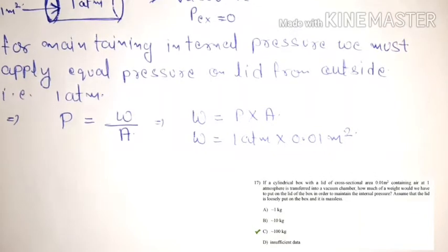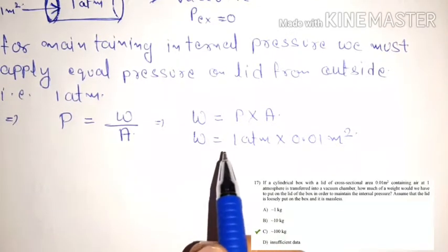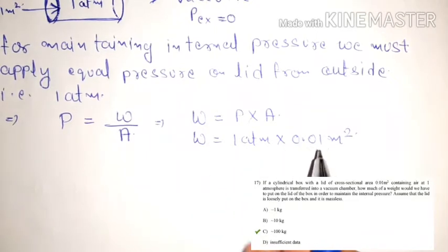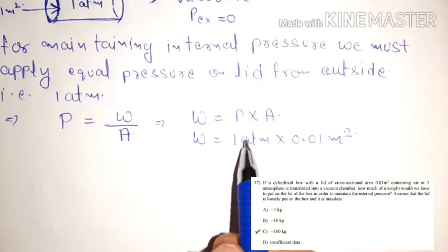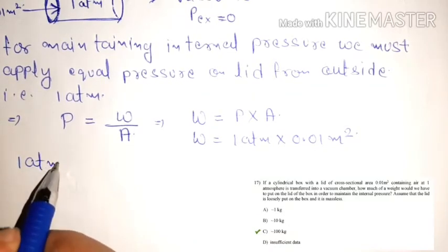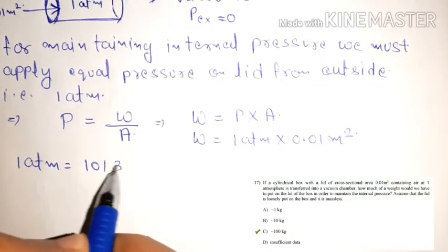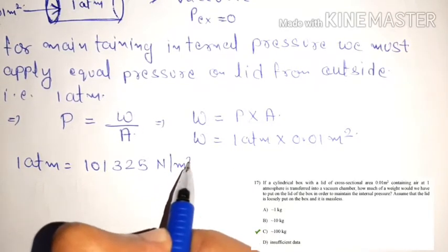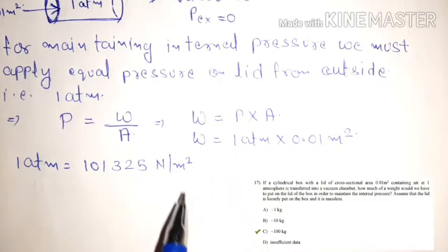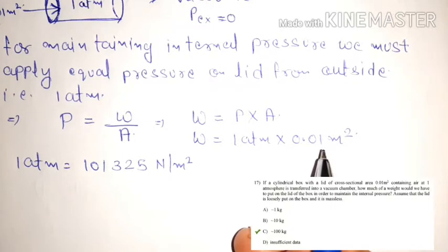Now friends, here first of all you must consider the units of pressure and area. You see that area is in meter square unit, and pressure is in standard atmospheric unit. So first of all you must convert pressure into its SI unit, that is Newton per meter square. And in physics we know that 1 standard atmospheric pressure is equal to 101325 Newton per meter square. So first we convert the units of pressure into Newton per meter square, that is SI units, because here the cross sectional area is also in SI units.